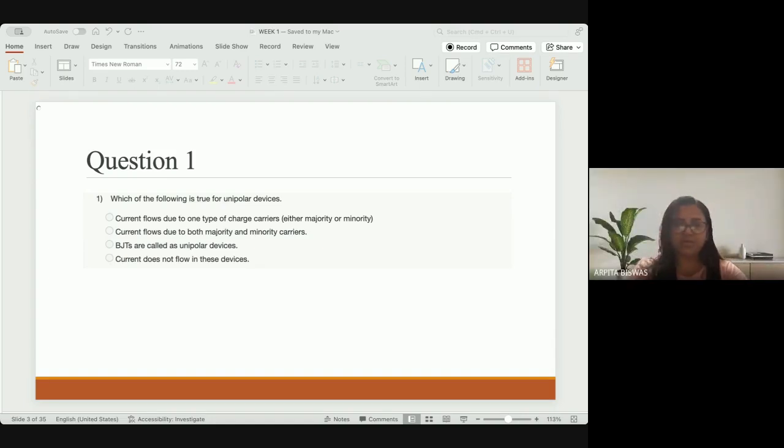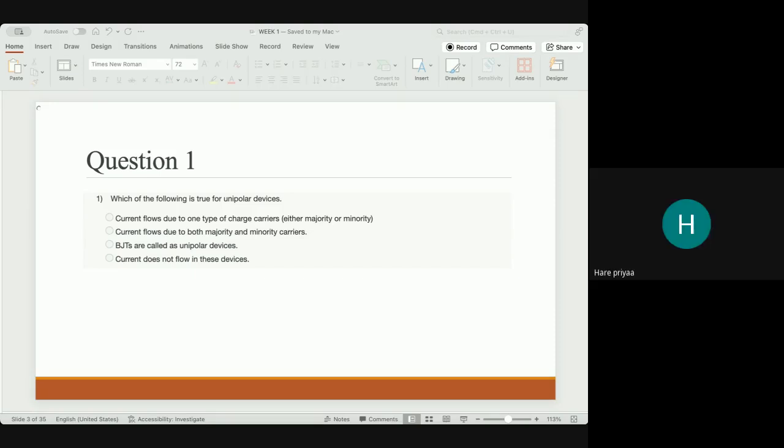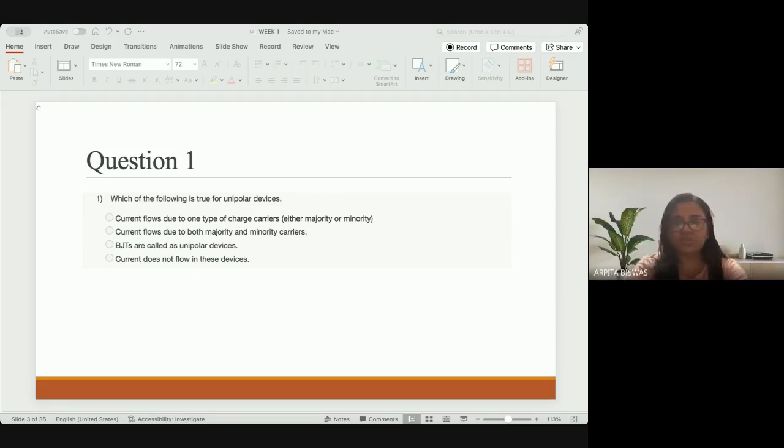So, what's the right answer? Haripriya, what is the right answer? First option. Okay. So, can anyone discuss why the first option is the right answer? I think one of you said that option B is the right answer, right? Can you elaborate a little bit?